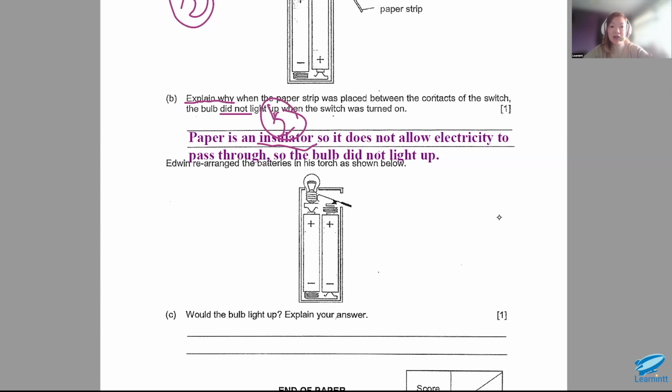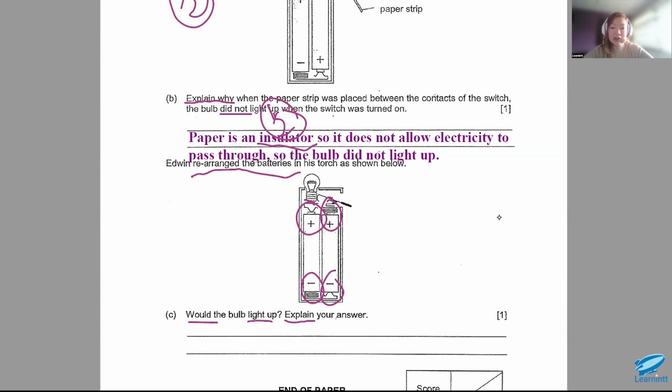Next one. Now, he rearranged the battery, so we focus on the batteries here. Would the bulb light up? Explain your answer. This is an application question. In actual fact, it's related to life because sometimes it happens to us, right? We put it in wrongly, then we realize it. Over here, you do see that the ends are placed wrongly.